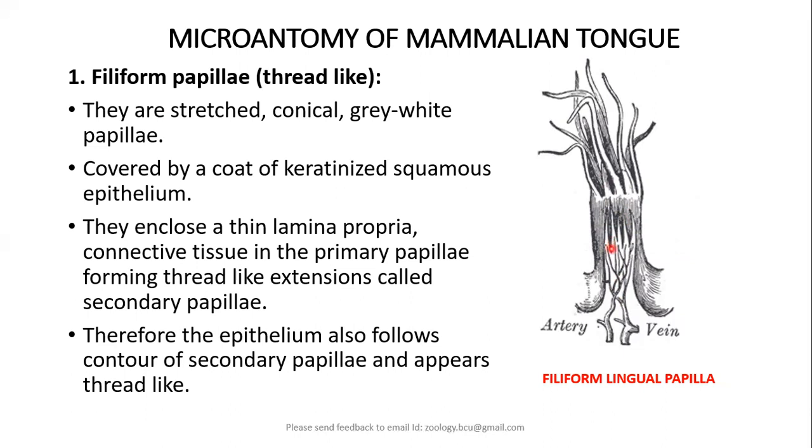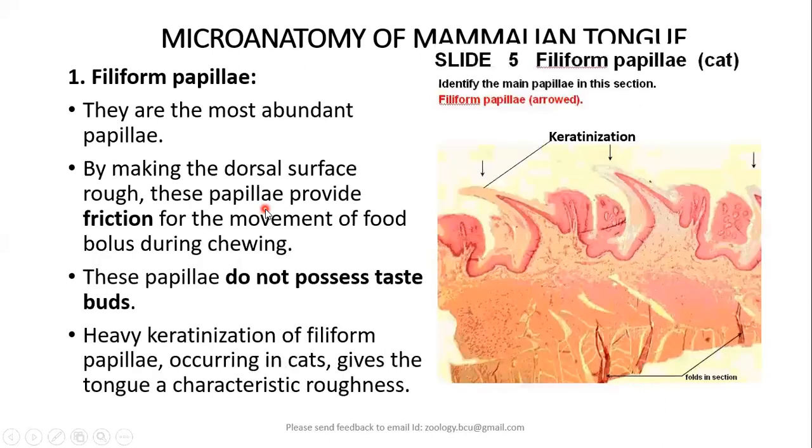So thereby, the secondary papillae also appear thread-like, which is a unique feature of these filiform papillae. And these filiform papillae, as you see here in the vertical section of tongue, are the most abundant papillae on the oral tongue.